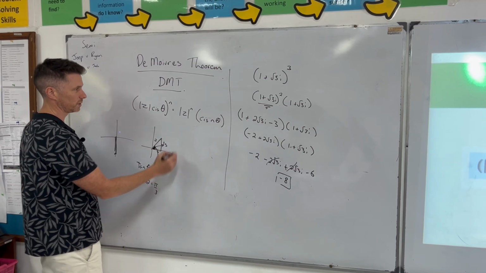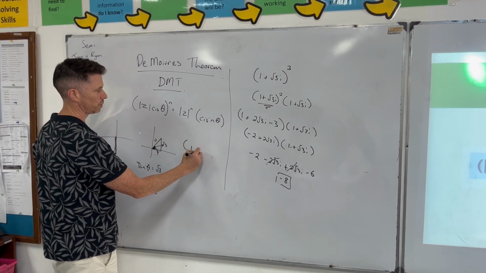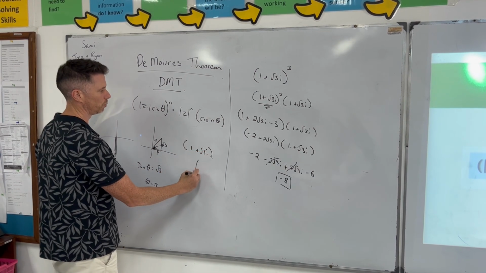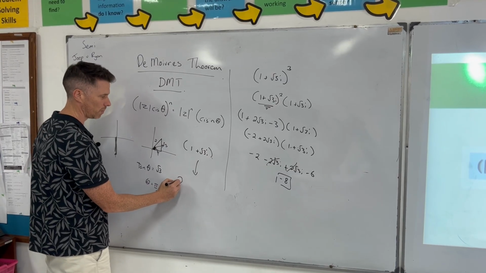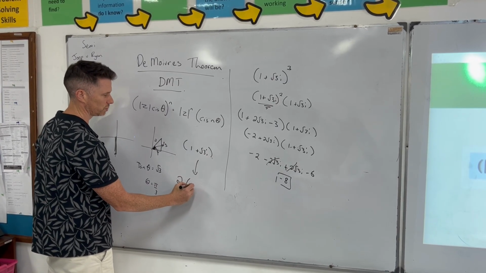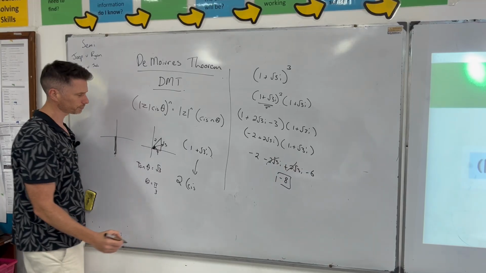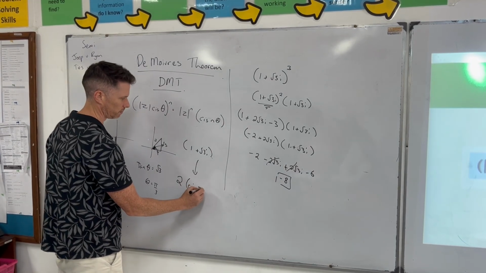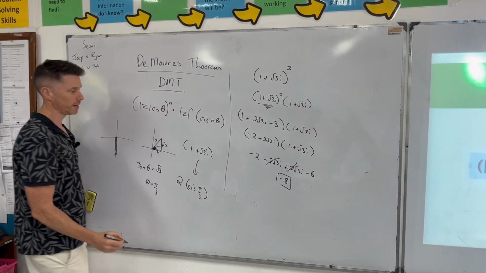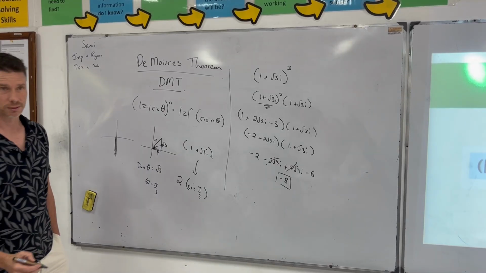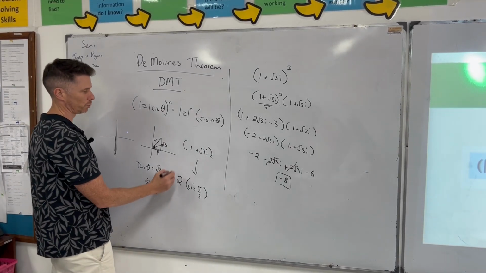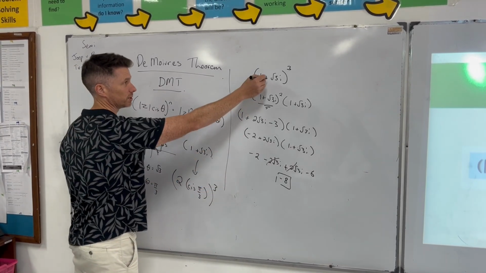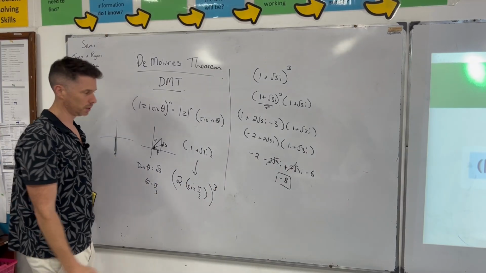So I need to convert this complex number, 1 plus root 3i, into polar form, so that is now modulus of 2, and we can use our cis pi over 3. And now we're going to cube it, to see does it match our answer we got here.